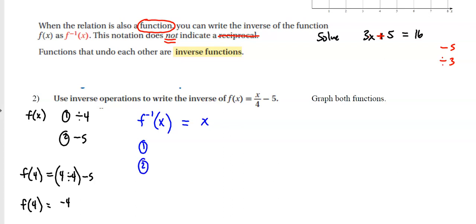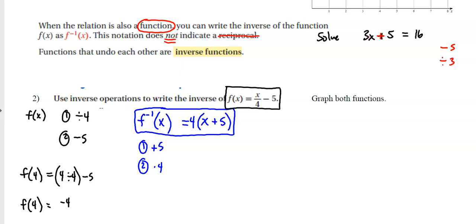The reverse order would be to add 5 and then multiply by 4. So I'm going to add 5 to this, and then whatever that answer is, I'm going to multiply by 4. So I think that I've found the inverse just by doing the operations backwards. And the only way to know for sure would be to graph these two.